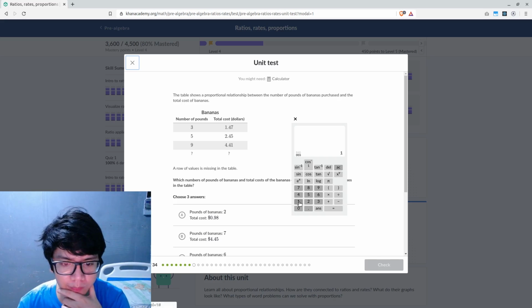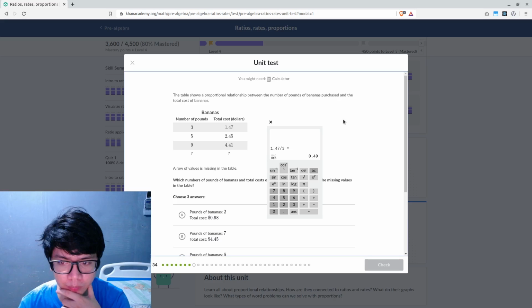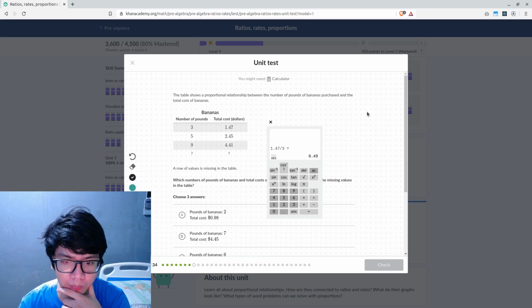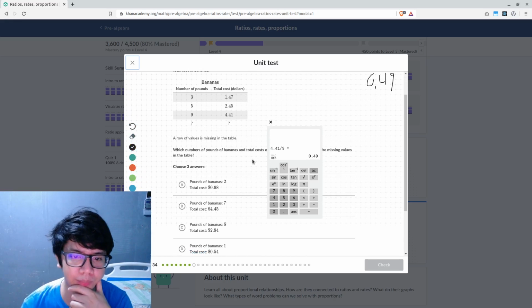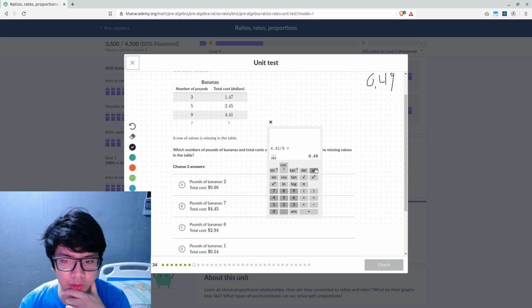If we divide 1.47 by 3, okay, 0.49. We should get 0.49 for every one of these. 2.45 divided, or this 0.5. Wow, 0.49, cool. 4.41 divided by 9. 0.49. Okay. Let's see 3 answers.